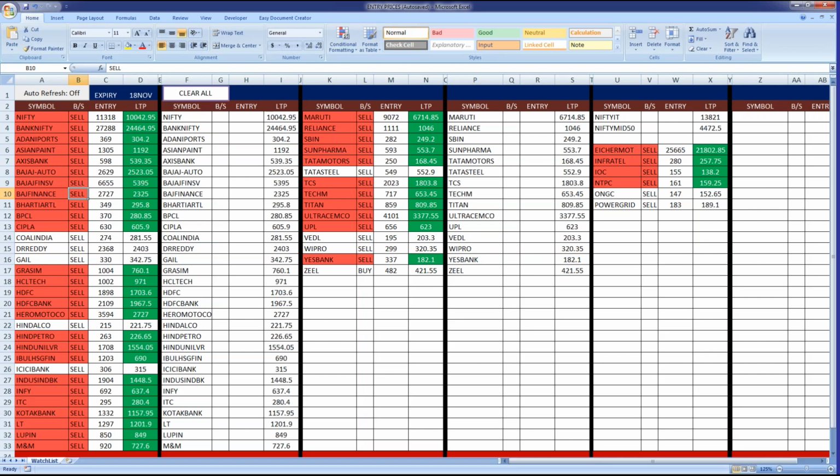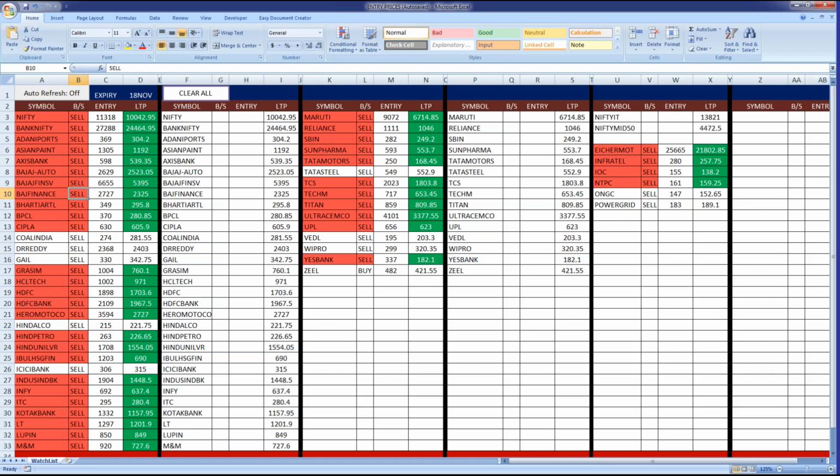Some people are very specific about certain scripts only. A name that usually crops up in ET now is Vakrangi. It's lost all its value, but people have put in hundreds, thousands of crores in that. All this is wiped out. I don't even have that script.